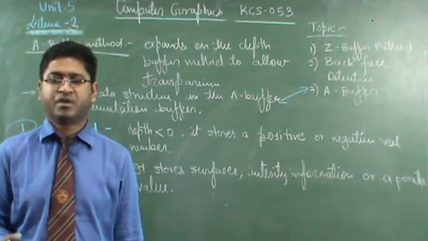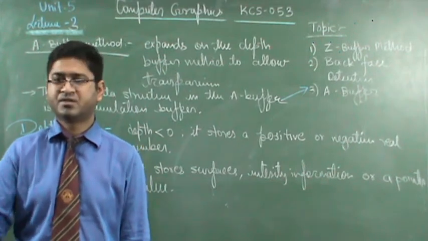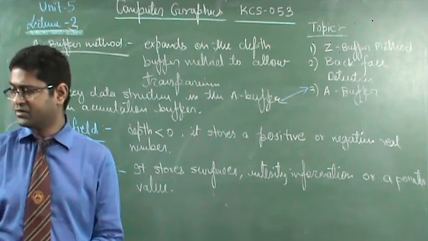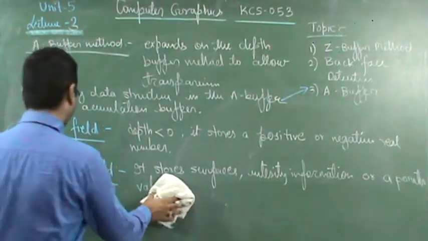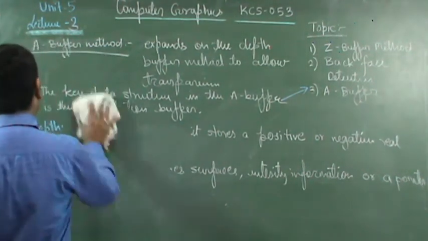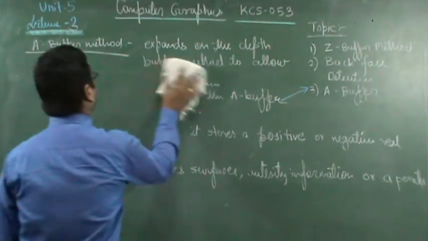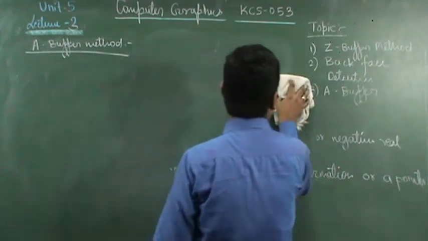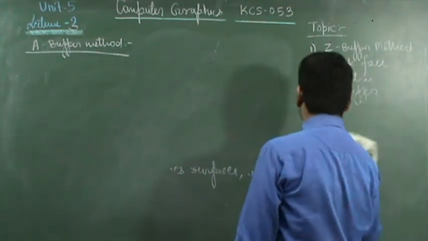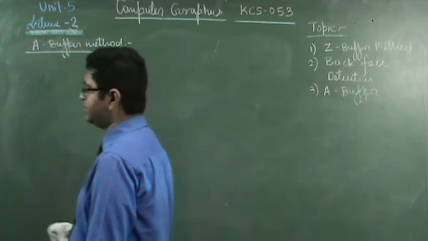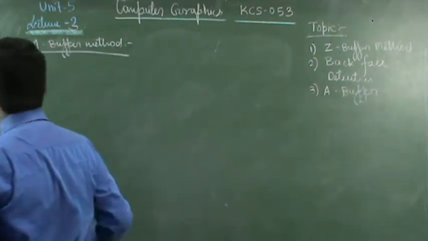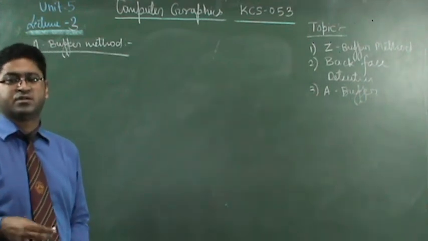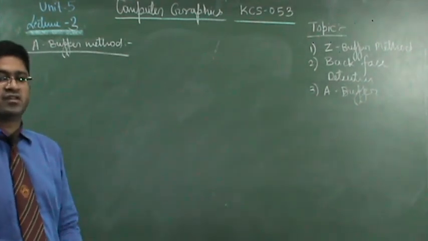The surface buffer in the A buffer includes many things, which we are going to discuss here. Let me remove all these parts because it requires many things that we need to focus on in order to show the hidden surface or the hidden shadow. So what are the things included in the surface buffer?